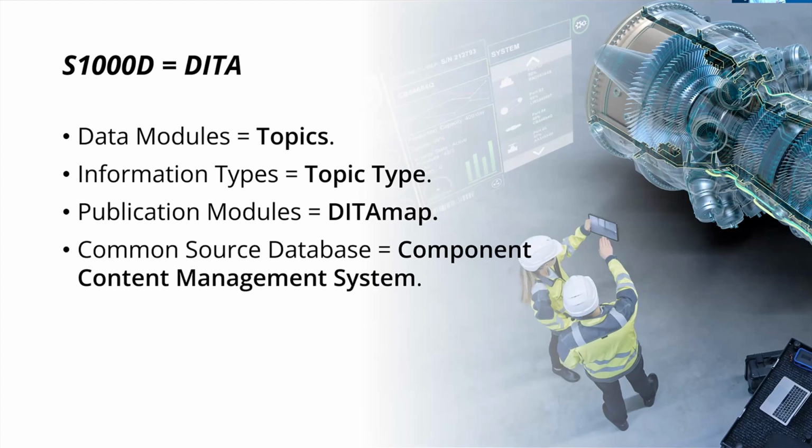And we have, rather than a common source database, we call it a component content management system, but they're effectively very similar things. DITA was actually an invention by IBM, which was released to the general community in 2005. So it's an open standard now maintained by Oasis.